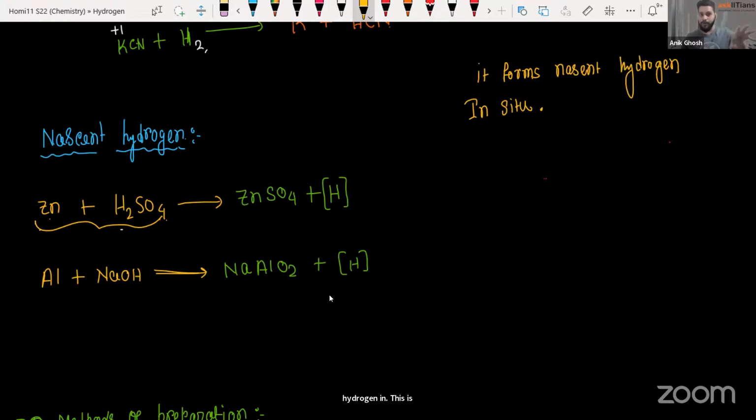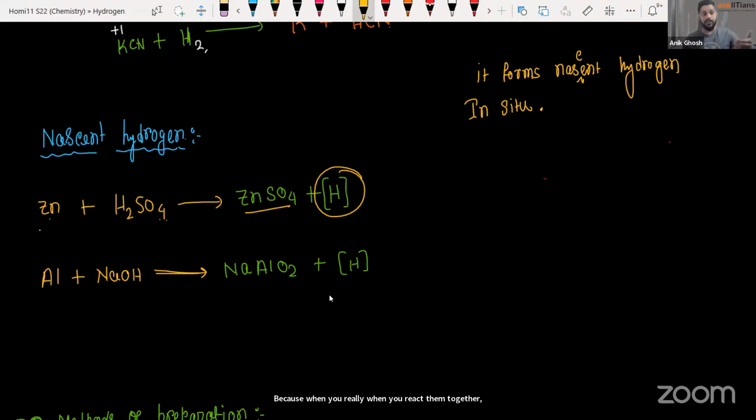What do I mean by that? Within the reaction, it is going to make hydrogen. Right now in this mixture there is no hydrogen, but this mixture is a reducing mixture. Why? Because when you react them together, you get zinc sulfate and nascent hydrogen.